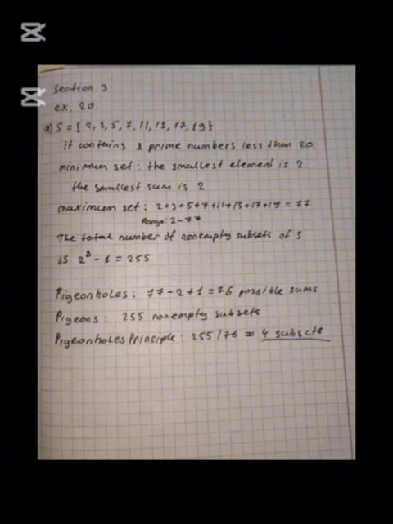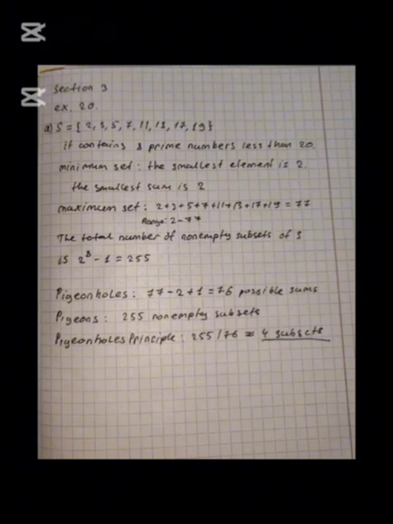How many non-empty subsets of S have the same sum? There are 256 total subsets. Since we ignore the empty set, we have 255 non-empty subsets. The smallest sum is 2 and the largest sum is 77.